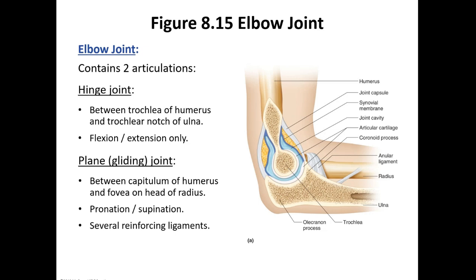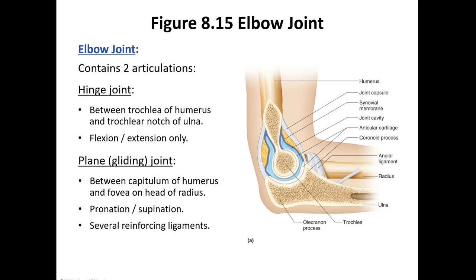While the plane joint at the elbow is between the radius and the capitulum of the humerus. Where they meet, they form a plane joint, class. And this plane joint allows me to do this: supination, pronation.